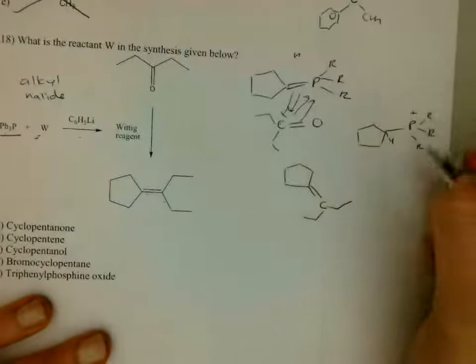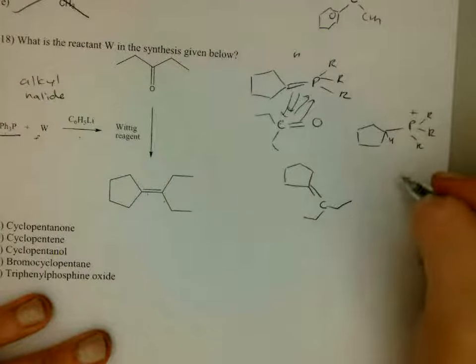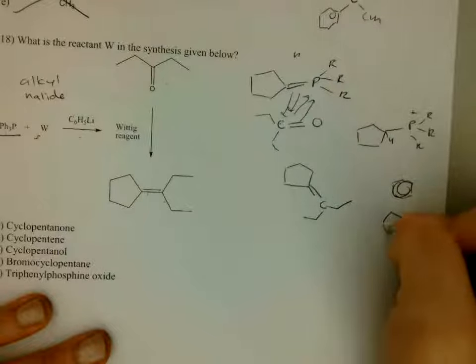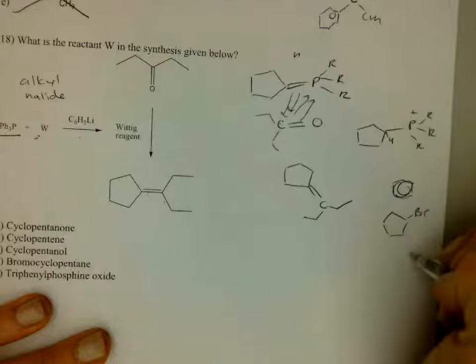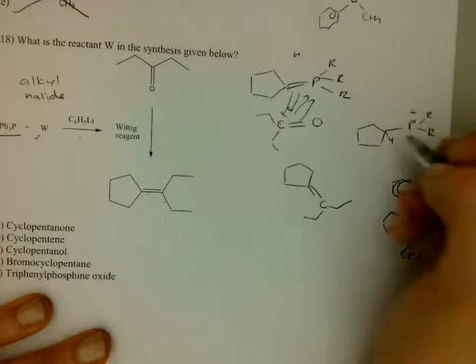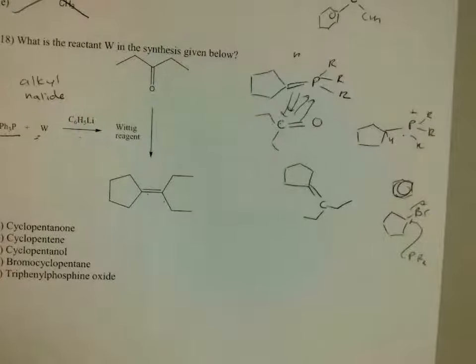And the step before that is the phosphorus does a substitution, or an SN2 reaction, with some kind of alkyl halide. So the PR3 attacks and kicks that out to get this structure.